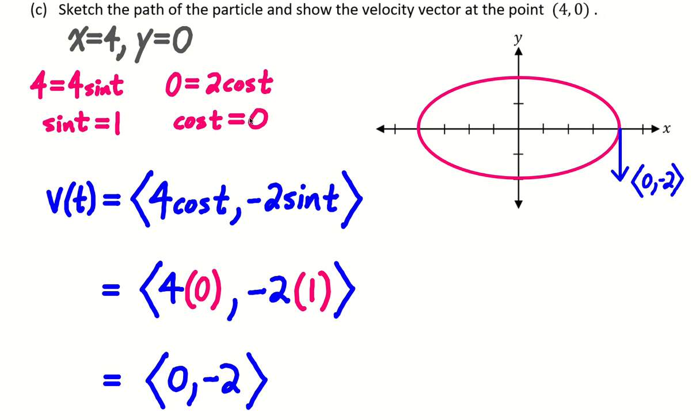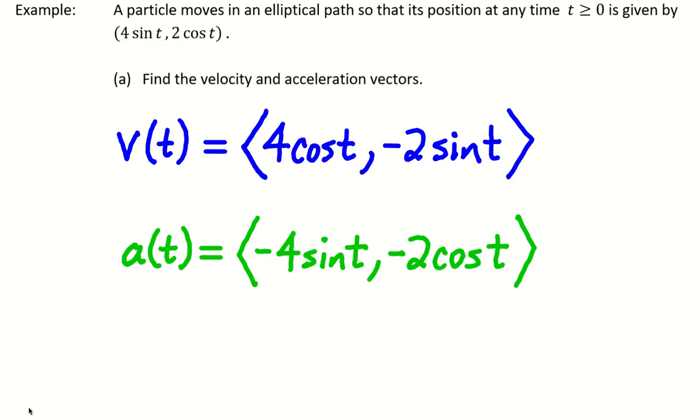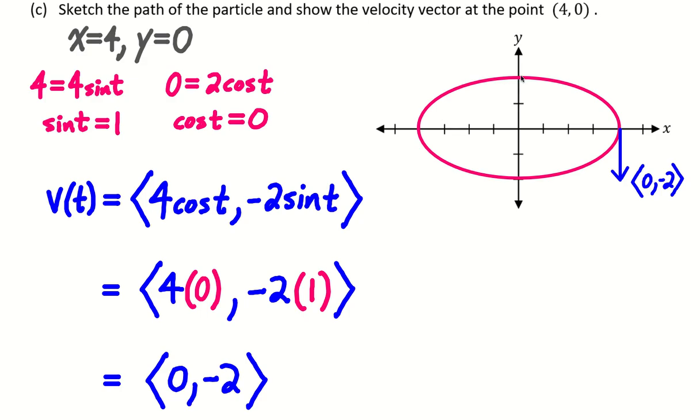So this was the pi over 2 time mark. When t equals 0, 4 times 0 is 0, and 2, so at the very start we were at (0, 2). The path of the particle starts up here and goes like this, and at this exact moment it's heading directly down.